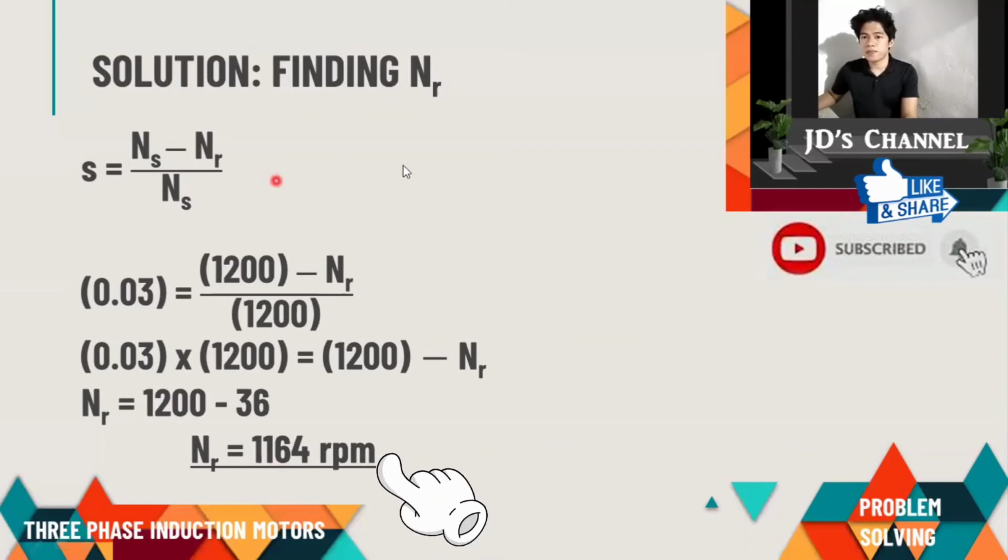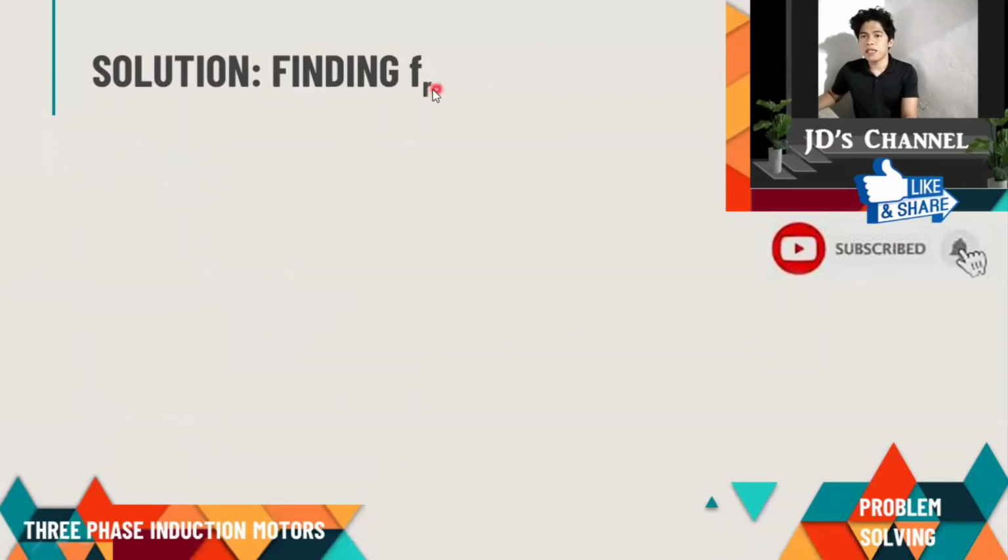And now we are ready to find our rotor frequency. Finding the rotor frequency, this is our formula mentioned earlier: P, or the pole, multiplied by NS minus NR, over 120. Let's substitute our obtained values and our given.